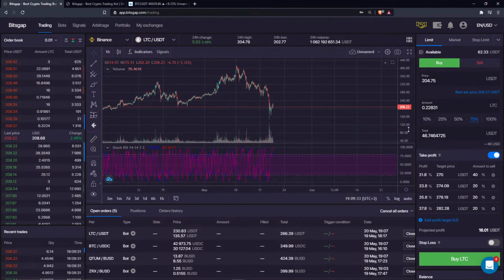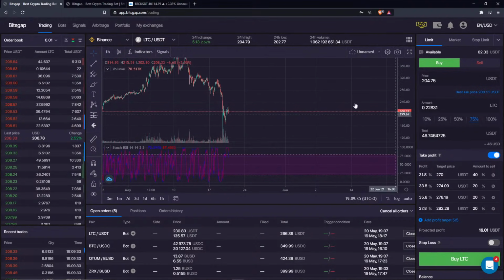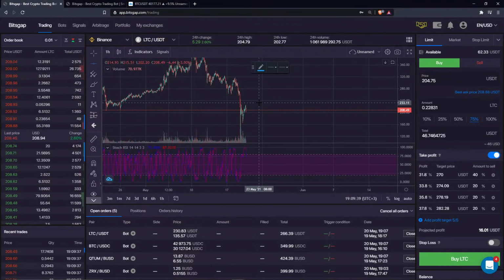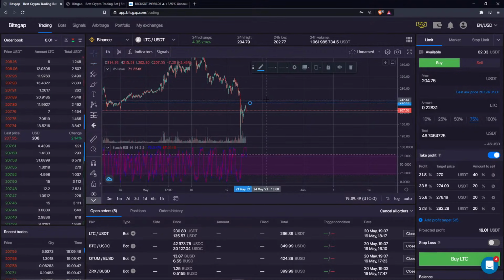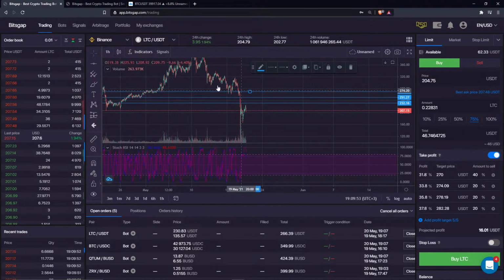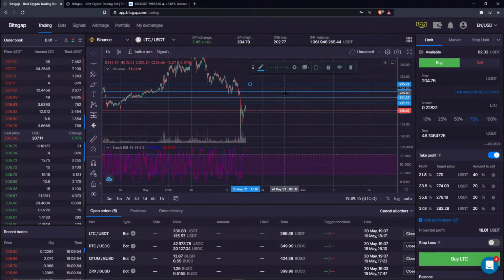The more take profit orders you have, the higher the chances that with each price fraction growth, you actually get some returns. So let's assume that these blue lines that you see on the chart are my take profits.